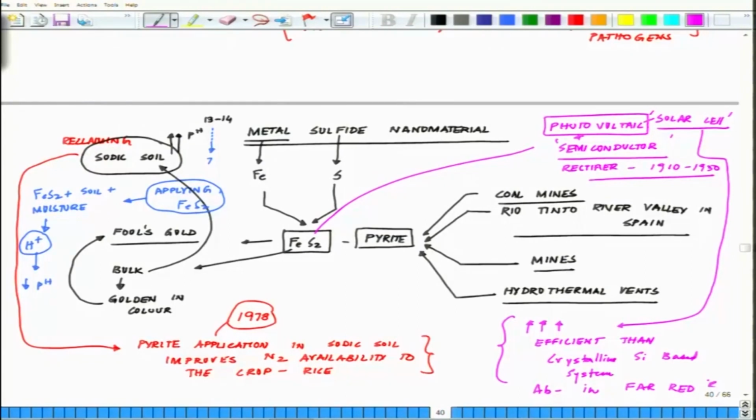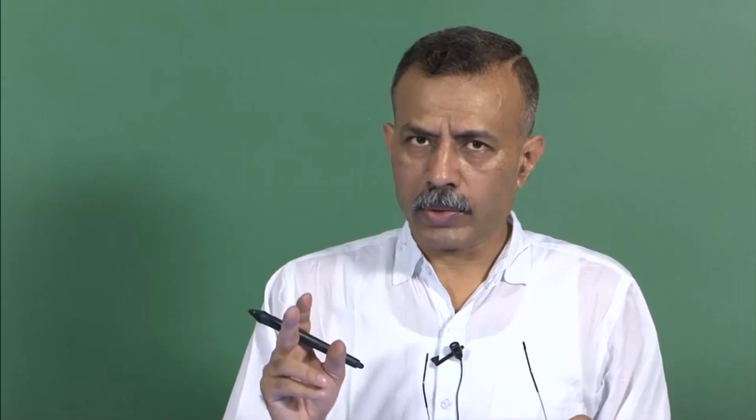Okay. So, this is one of the key reasons why there is a tremendous amount of interest in nano iron pyrite, starting from electronics to photovoltaics, all the way to reclaiming sodic soil. It has found tremendous application, but it comes with a small drawback.